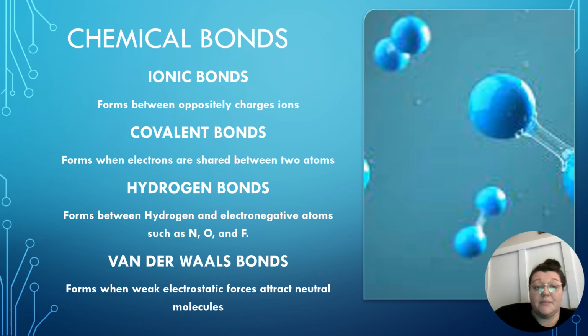Hydrogen bonds, they actually form between hydrogen and electronegative atoms like nitrogen, oxygen. And then last we have these van der Waals bonds, which actually form when weak electrostatic forces attract neutral molecules.